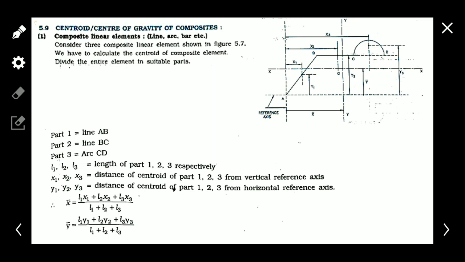The lengths of part 1, part 2 and part 3 are L1, L2 and L3. The distances of the centroids of parts 1, 2, 3 are x1, x2 and x3. y1, y2 and y3 are the distances of the centroids of parts 1, 2, 3 from the horizontal reference axis.